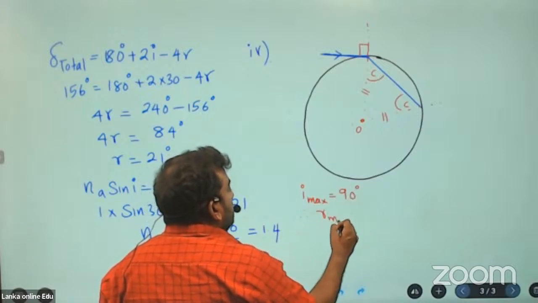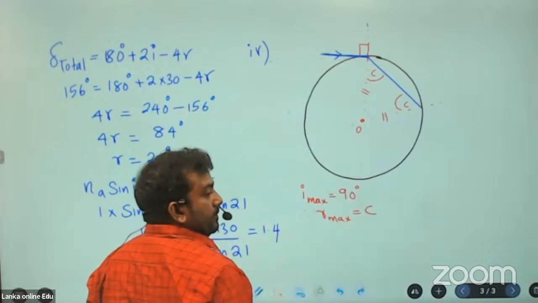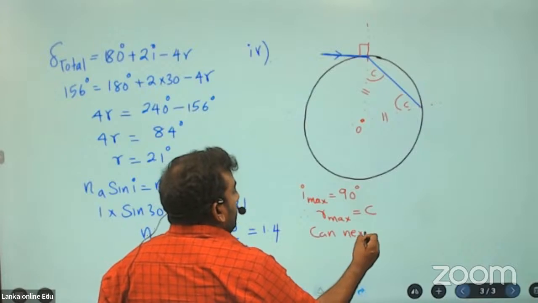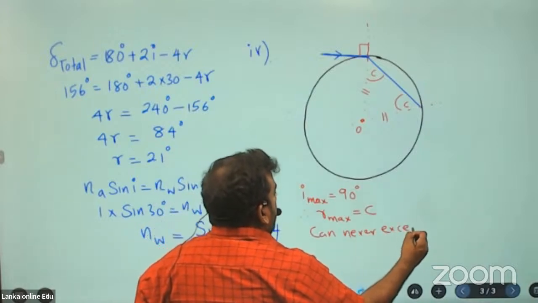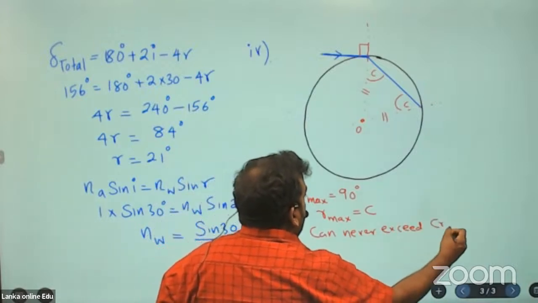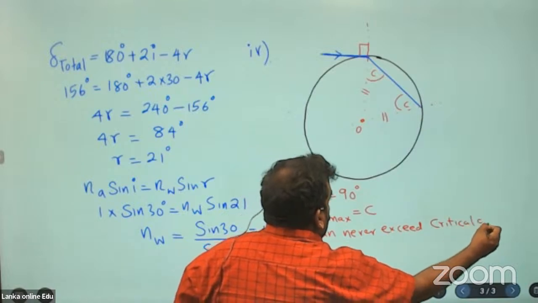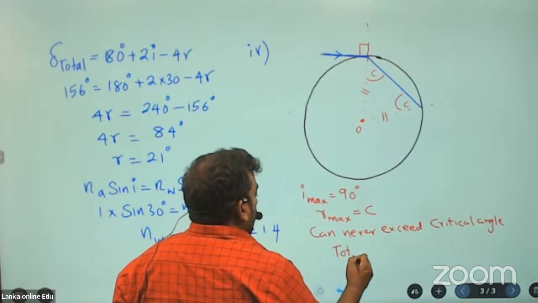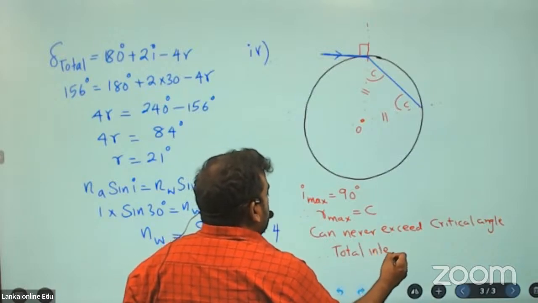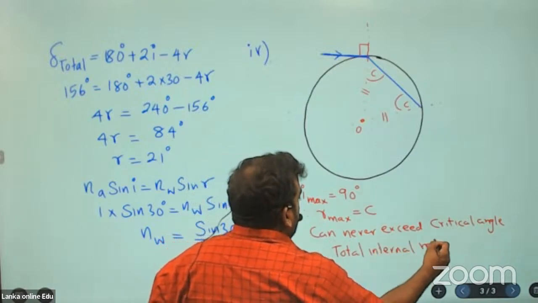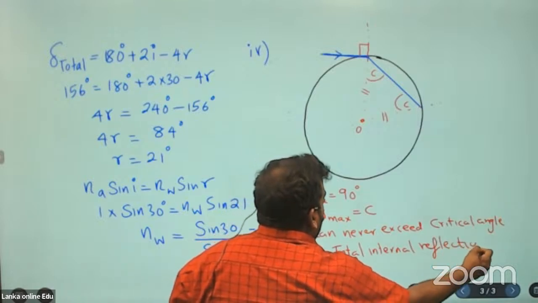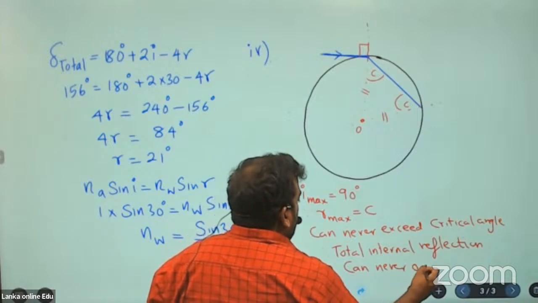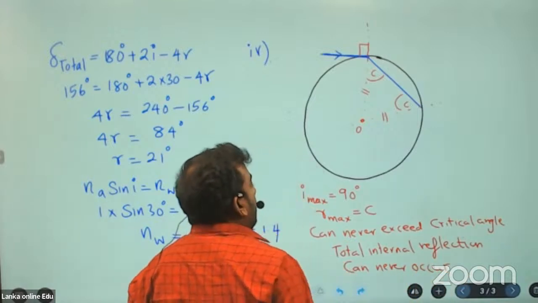Therefore, R maximum is critical angle, can never exceed critical angle. Therefore, total internal reflection can never occur.